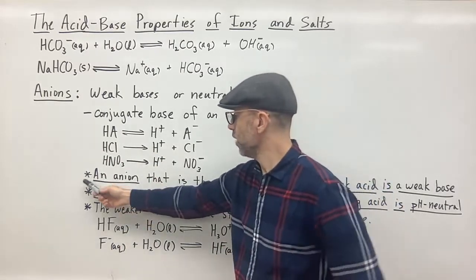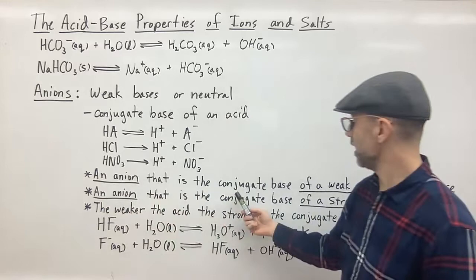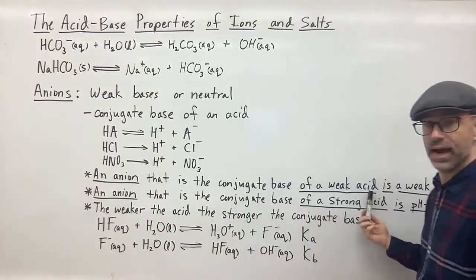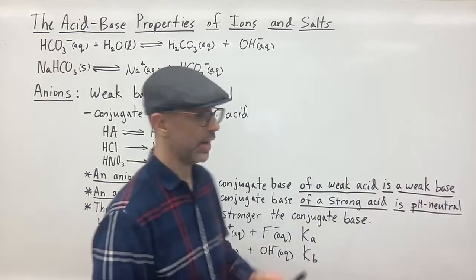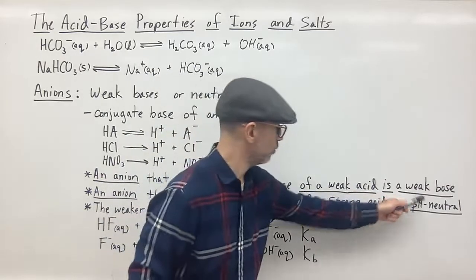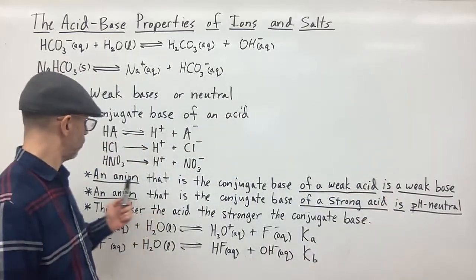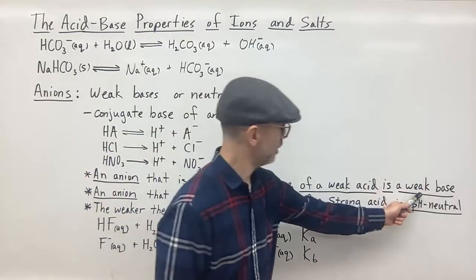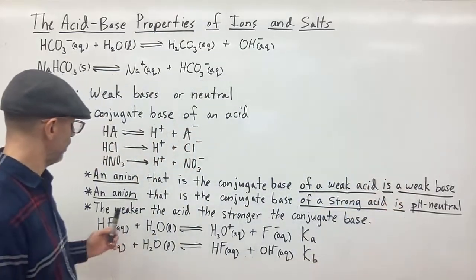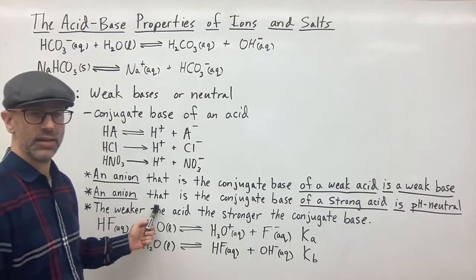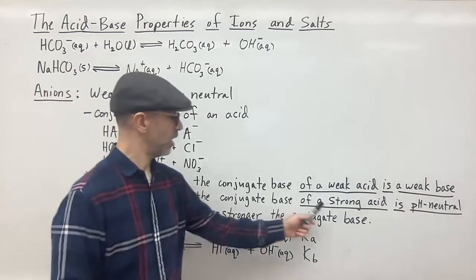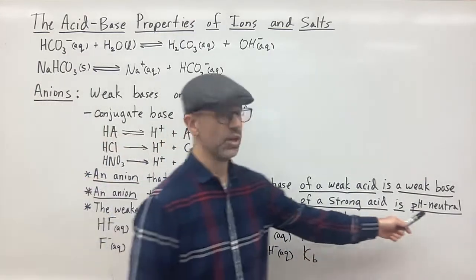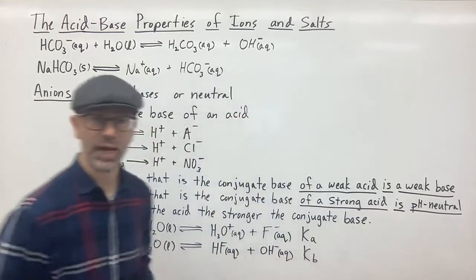If you have an anion that is the conjugate base of a weak acid, then that itself will be a weak base. So the anion of a weak acid is a weak base. The anion that is the conjugate base of a strong acid is going to be pH neutral, so you've got to remember that.